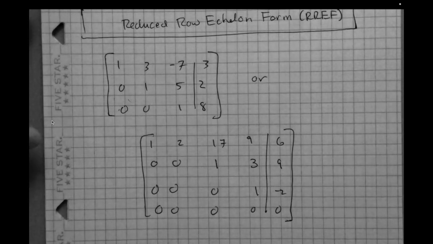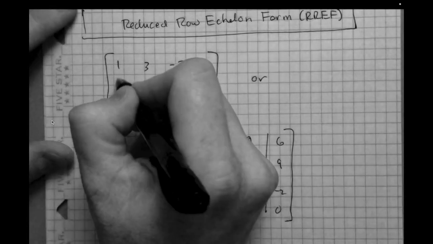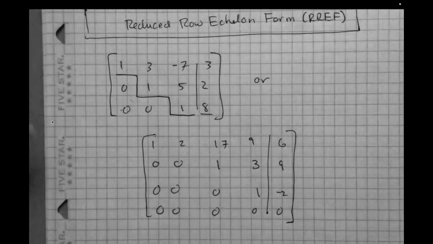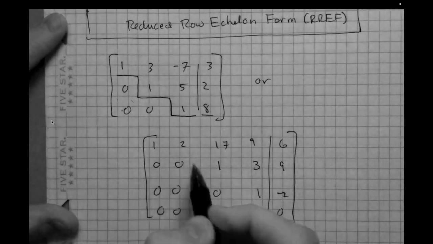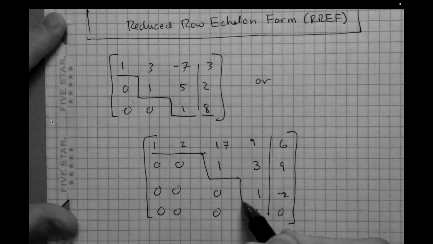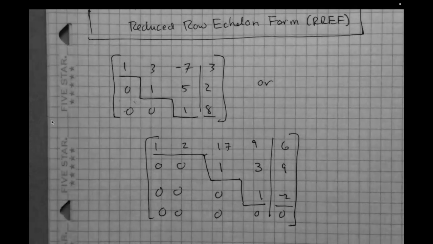In each case, the form is a stair-stepping down of the pivots. Here you've got a pivot column, it steps down, then you've got another one. This stair-step structure with the pivots is key.